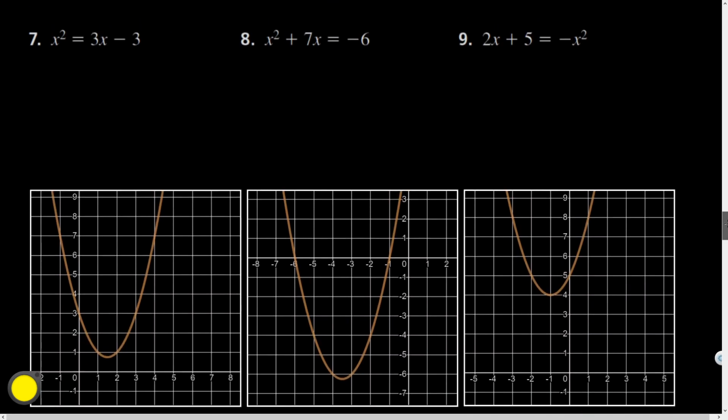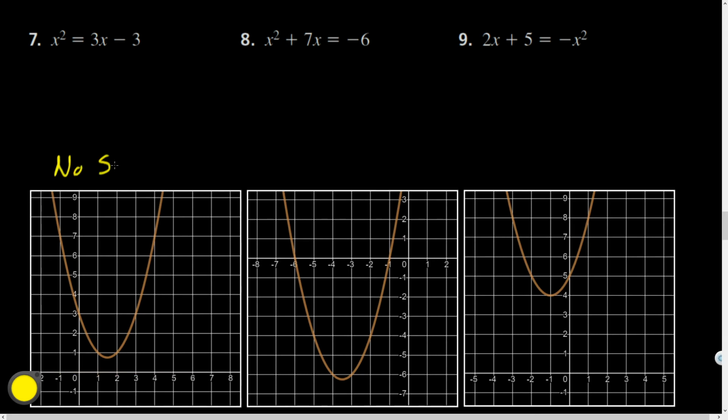Let's see. Here's some method 1 approaches. So here, if I graph this, notice it never crosses, so no solution is what would have happened here. Here, I believe what I did was I did x squared plus 7x plus 6 equals 0. And when I graphed the y equals of this, notice I get 2 values.